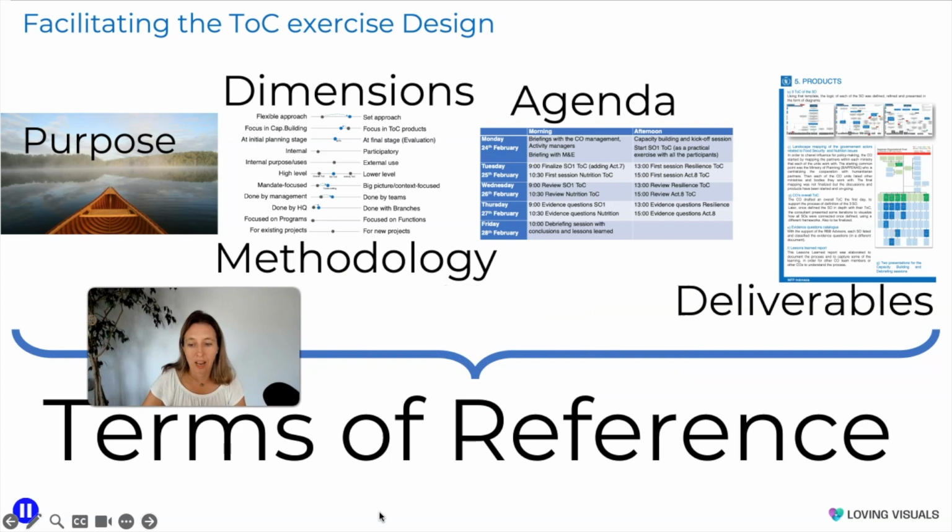And in case you're having terms of reference before doing the workshop or after, these are the things you should take into account. And of course, the people who will participate depends also on these dimensions. There's a lot of things packed in these dimensions, so the agenda and the invitations.